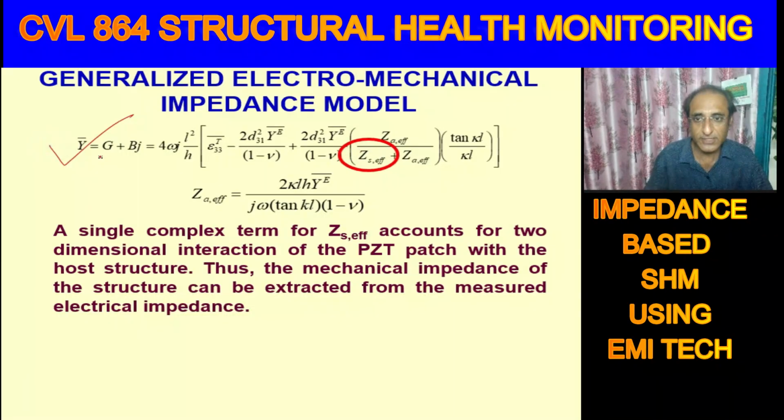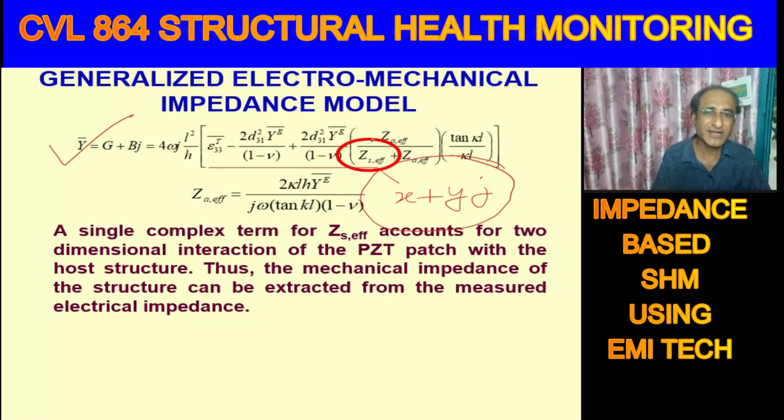So this is a generalized expression because it's valid for the 2D case, but here the effective impedance has only two components, x plus y. So just these two terms rather than the previous 2D model which had multiple terms. So this makes this equation simple.